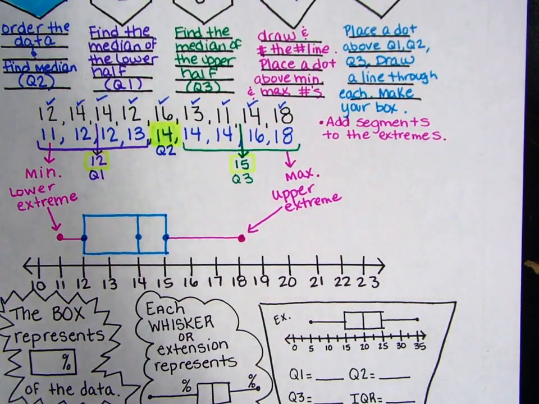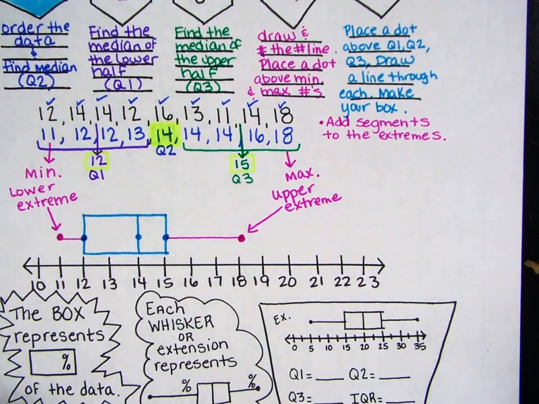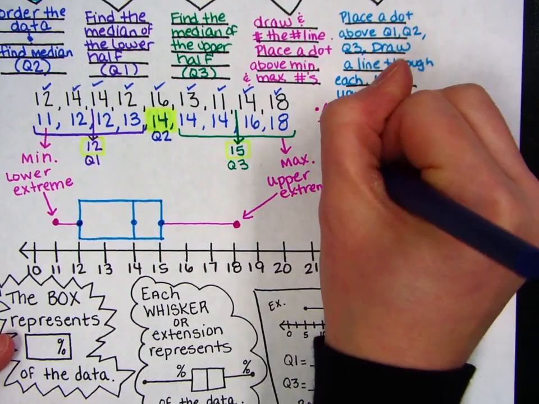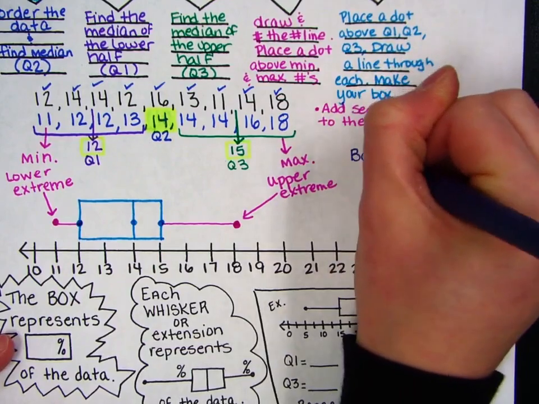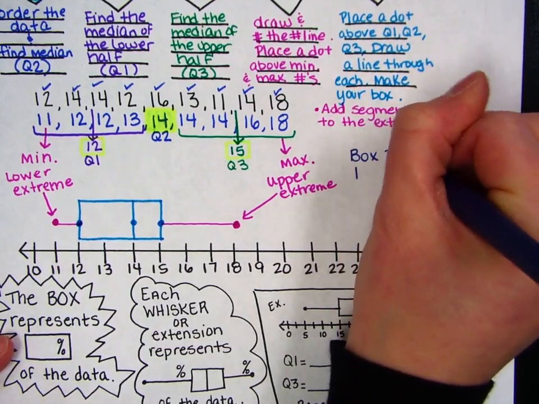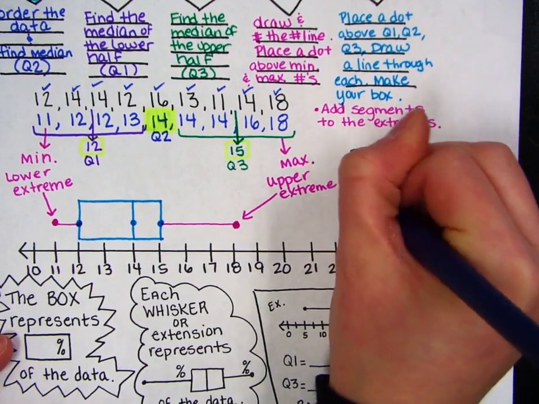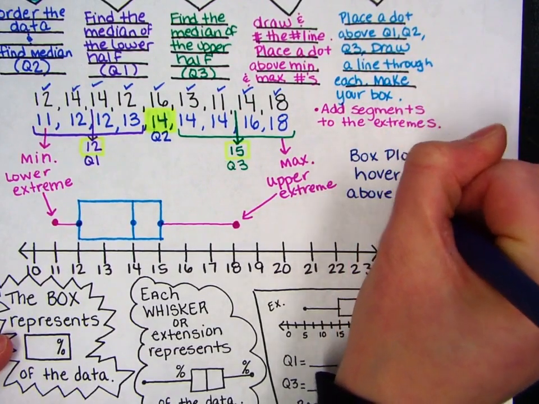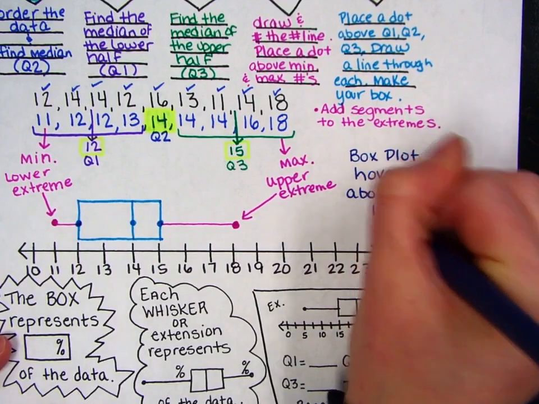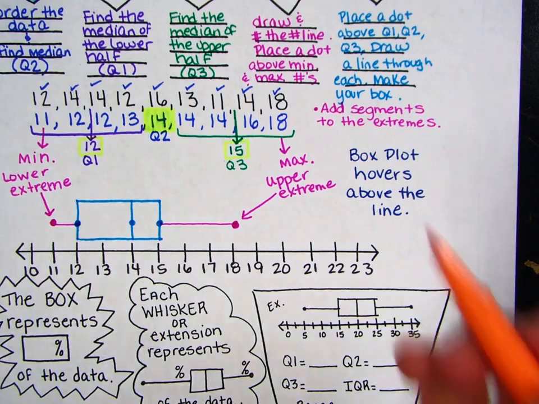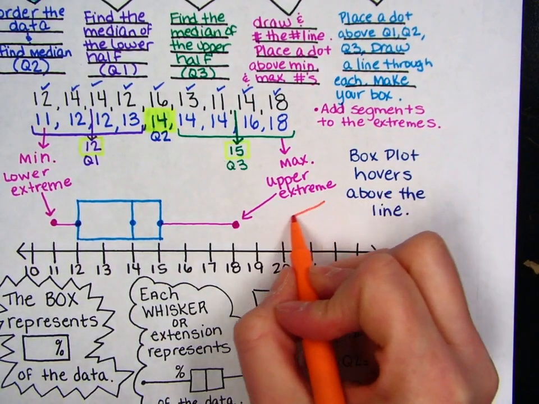And I would like for you to go ahead and just make a little side note over here that the box plot hovers above the line. That's often a misconception of creating these guys. And you won't have to necessarily create them very often, but you just never know.